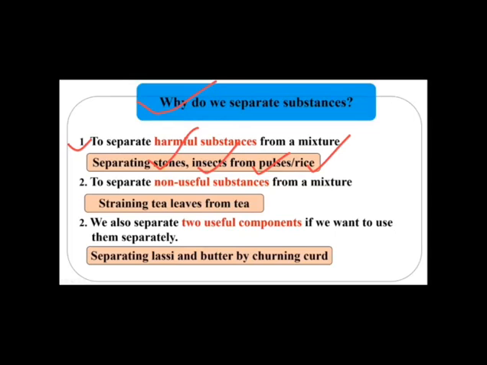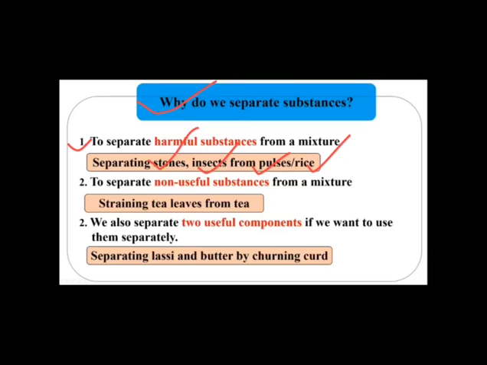Whenever we go to the market and buy pulses or rice and cook them, we always see that there are many stones and insects present in them. So before cooking we have to remove these harmful impurities.